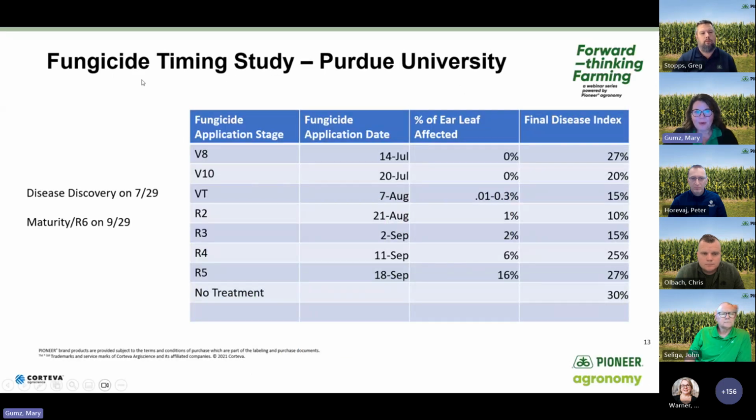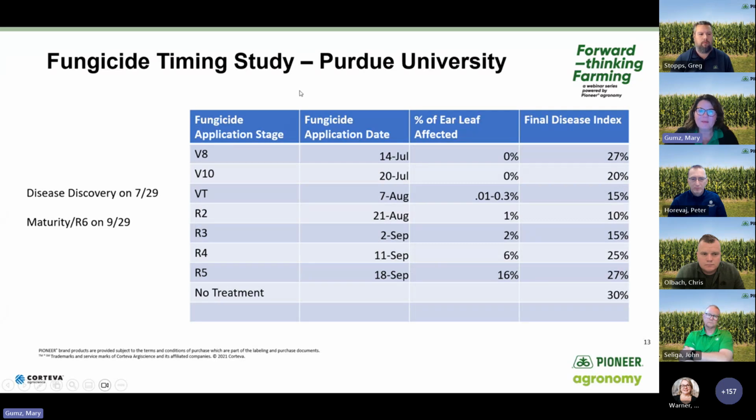And what we found, although we can really fine tune our timing with something like our fungicide timing tool, in most cases, R2 seems to be the time to spray fungicide if you are going for corn grain. I know Greg's going to talk a little bit differently about silage, but if you're looking at corn grain, it seems like applying at that VT to R2 gets you the lowest final disease index.